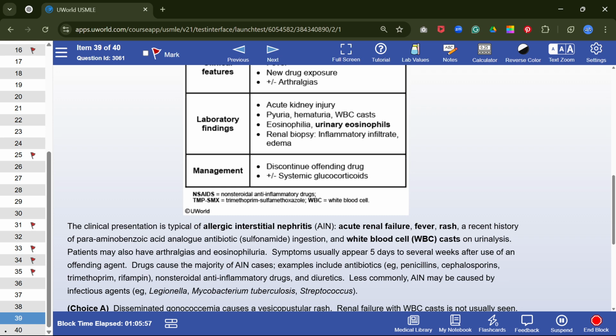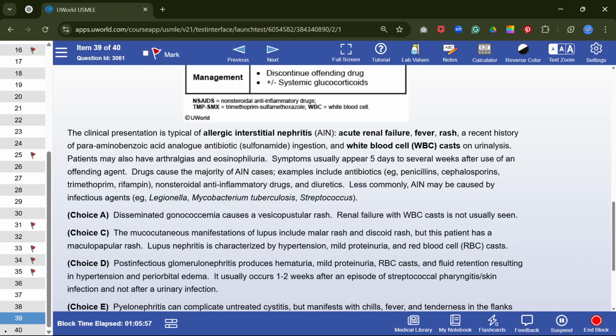Drugs cause the majority of cases, for example antibiotics, penicillin, cephalosporin, trimethoprim, rifampin, NSAIDs, and less commonly diuretics. It may also be caused by infectious agents such as Legionella, Mycobacterium tuberculosis, and streptococcus.